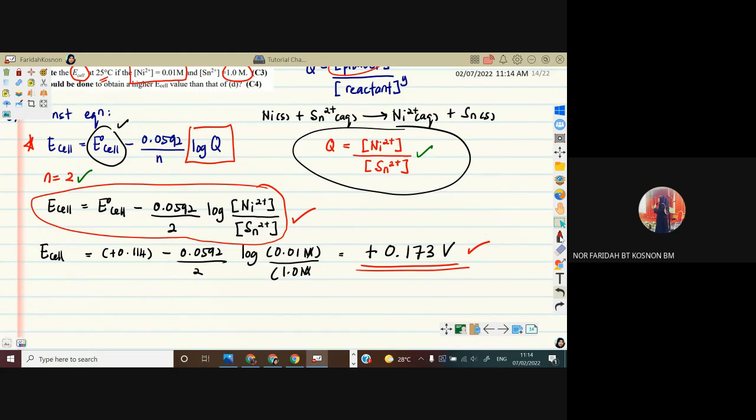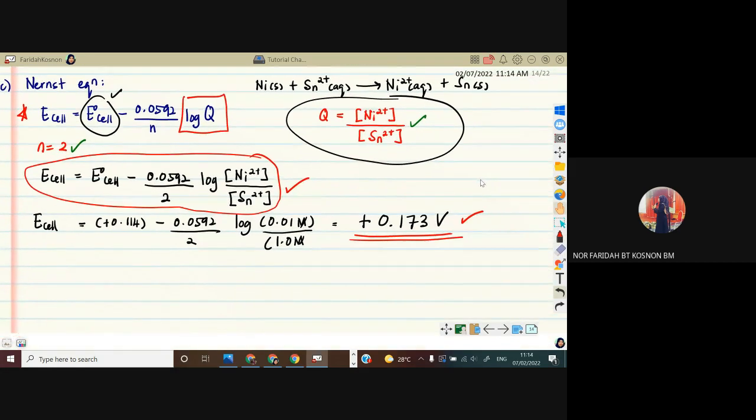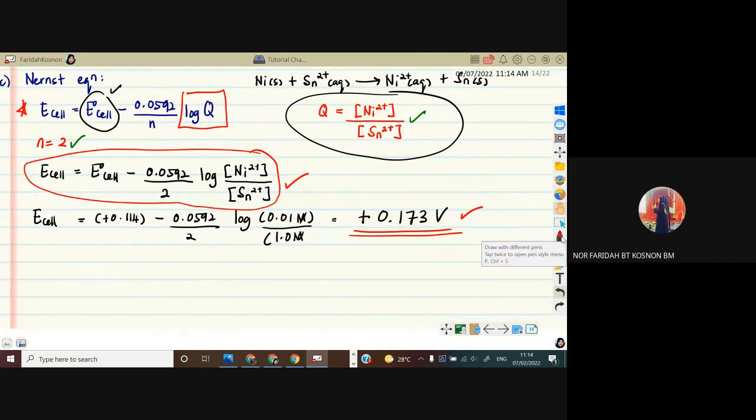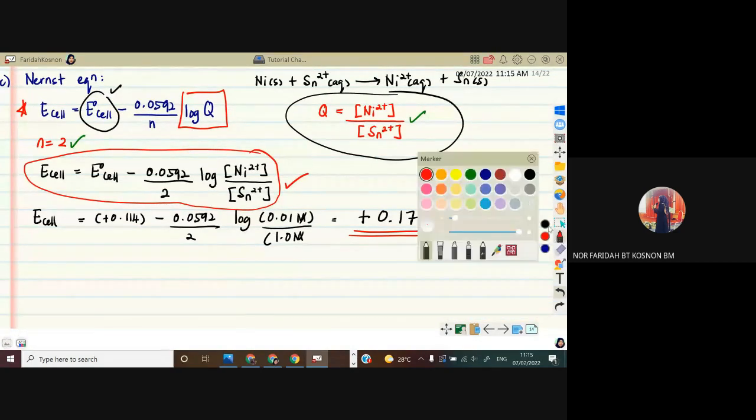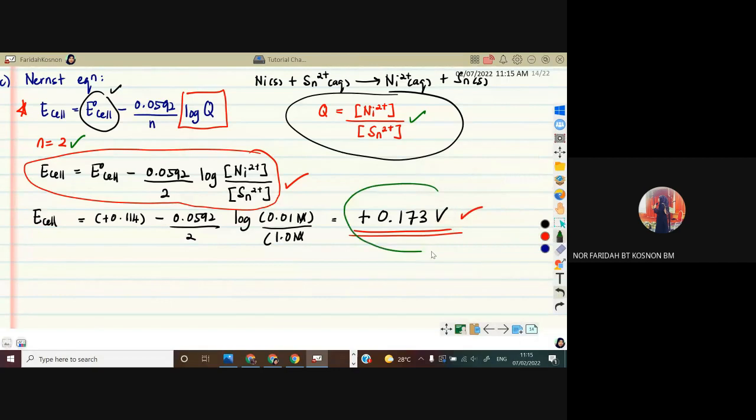Kalau kita tengok tadi, dalam soalan C ni, kita dah kira E cell dia. E cell dia adalah positif 0.173 volt. Sekarang soalan tanya, apa perlu dilakukan untuk kita dapat E cell lebih besar daripada 0.173 ni? More than positive 0.173 volt.